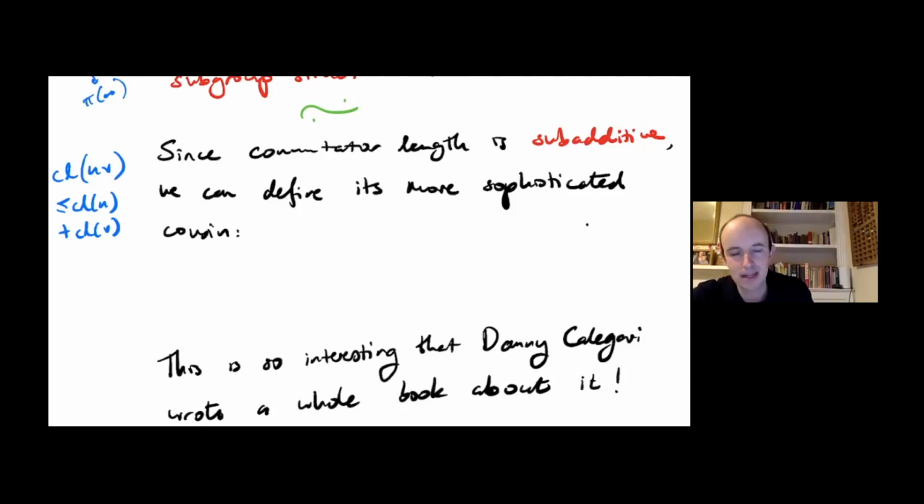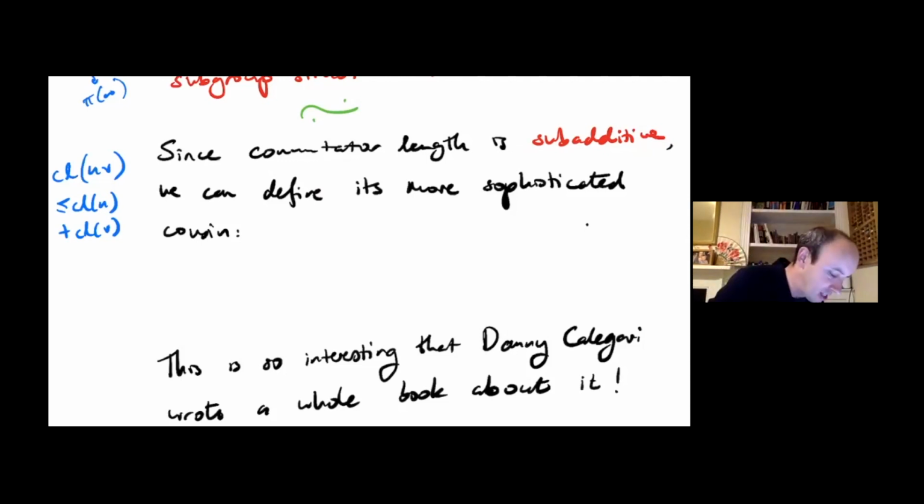So you would expect the commutator length of W to the n to be n times the commutator length of W. But it turns out that that's never true, actually. In the limit, it turns out to be a bit smaller than n times the commutator length of W. Now I'm not going to give you an example of that right now, because I want to get on.